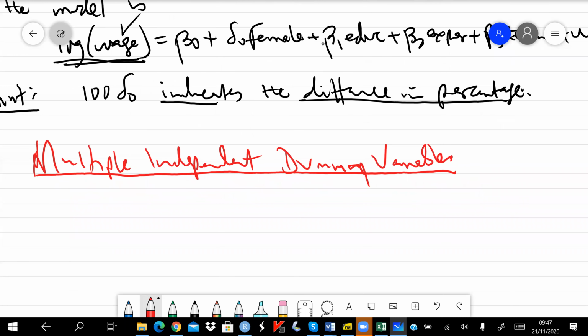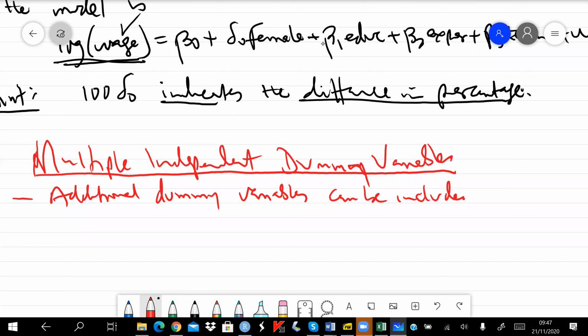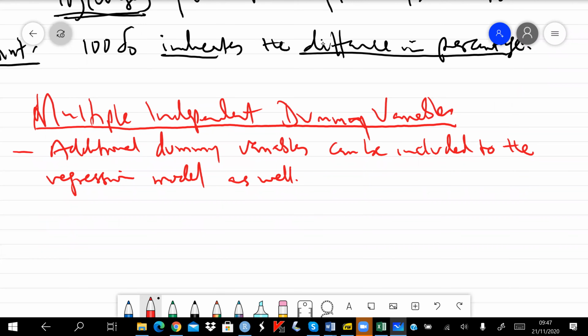We can start by saying that additional dummy variables can be included to the regression model as well.